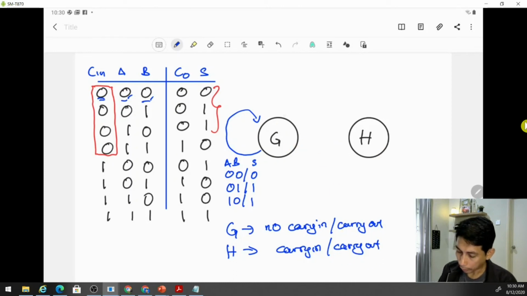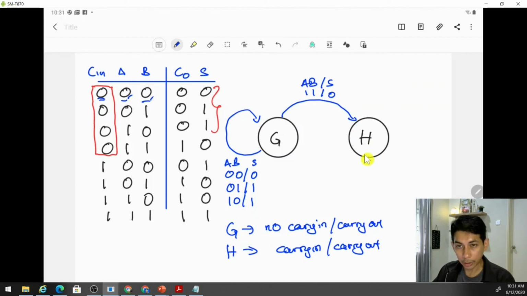So if A, B equal 1, 1, your S should be equal to 0, and you go to state H. So now for state G, you have all the possibilities from 0, 0 to 1, 1. 0, 0, you stay at G. 0, 1, also you stay at G, except that your S is 1. 1, 0, you also stay at G. And 1, 1, you go to H. So that will be the first state.